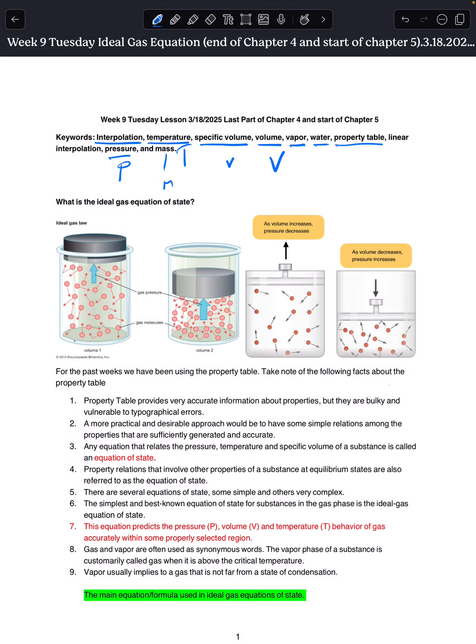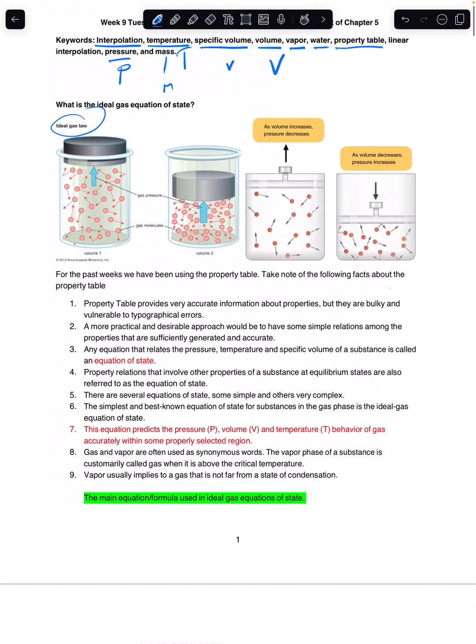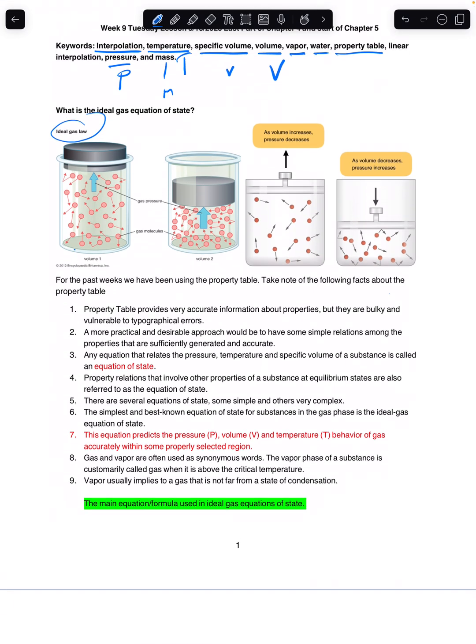So now the ideal gas law. The ideal gas law is used to define a system which has a constant pressure, a constant volume, and a constant temperature. But in this context, remember, we are saying that the pressure for the system has not been changed.